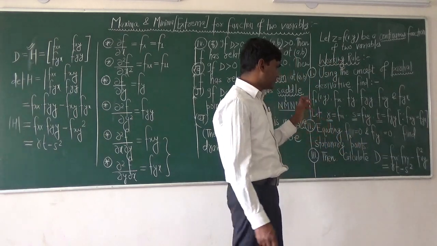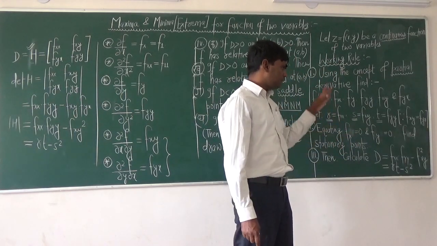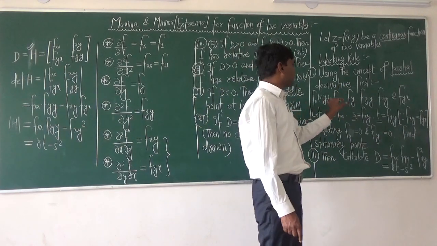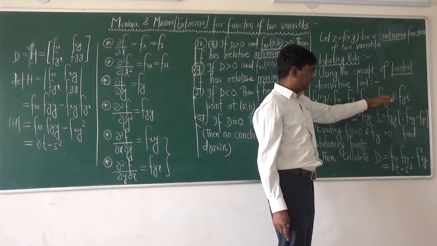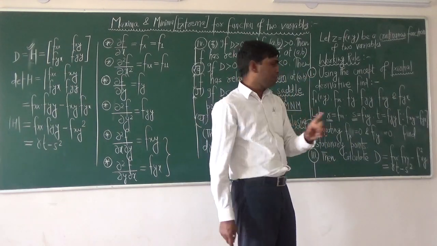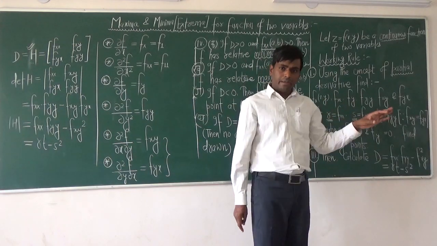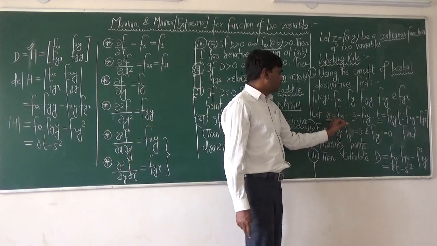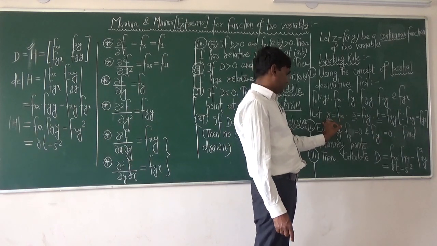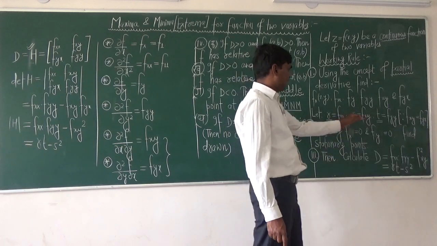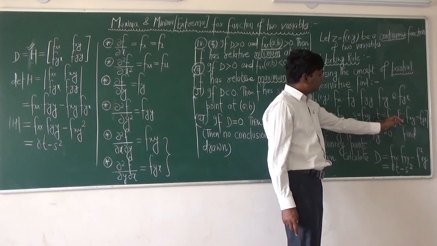It means we have to calculate only one of them, f_xy or f_yx. For the sake of convenience, we take r as f_xx, s as f_xy, t as f_yy.